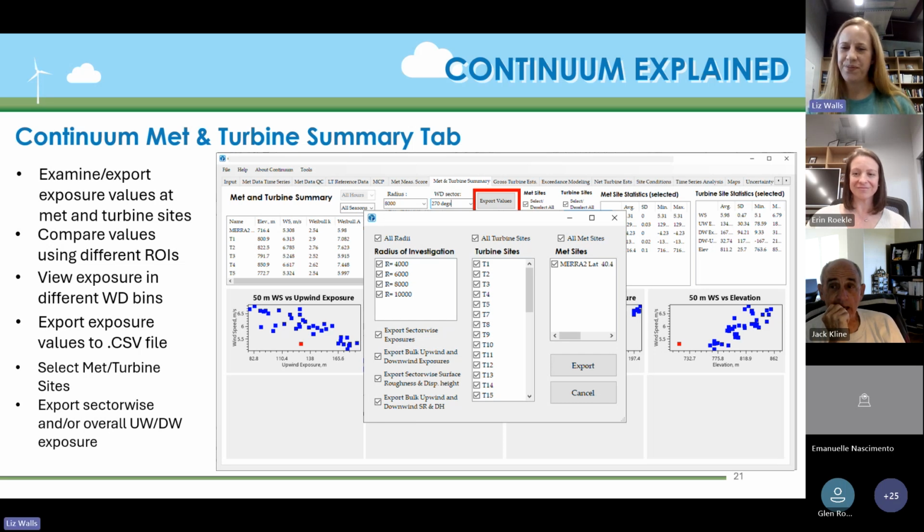Hello. Yeah, so currently I'm working in Acme Group, an India-based IPP. My team has downloaded this Continuum software, and we are using WindPro, WindFarmer, OpenWind.